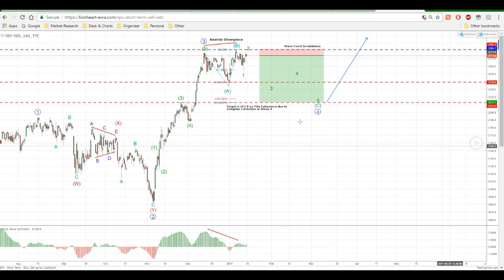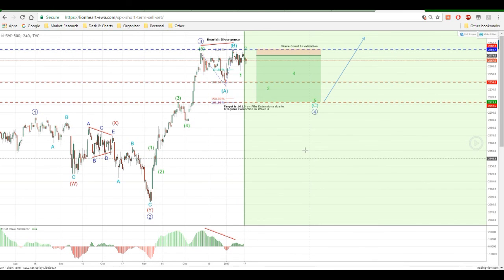If I load the new bars, we will see that it's slowly going to go there. Obviously we're on the 4-hour chart, so this could take some time. However, this can be a trade for you guys to take a look at.